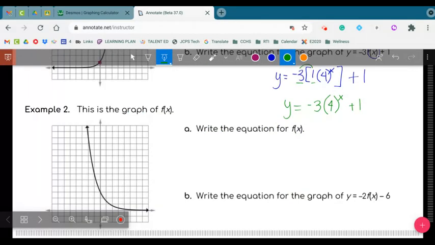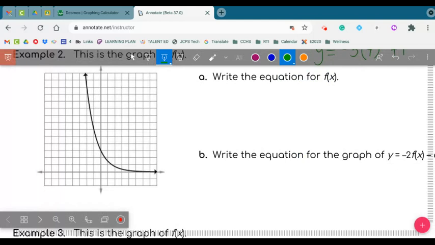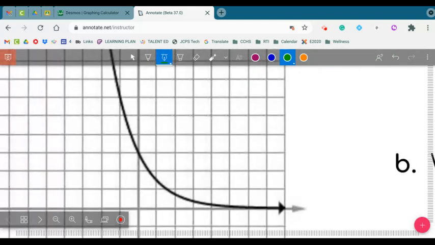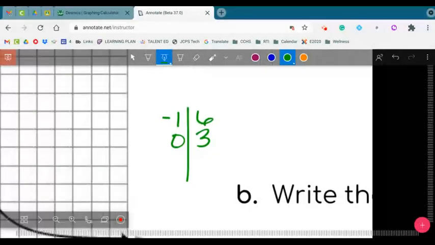Okay, let's go to another example. So it says write the equation for the graph. So let's find our 2 points. 0, 3. And then we're going to have to put negative 1, 6 first, because remember, we want to list our x values in order.